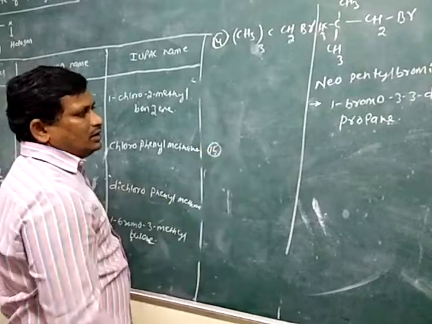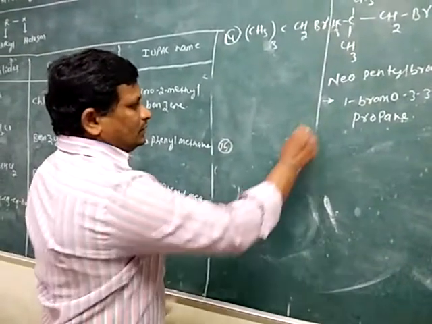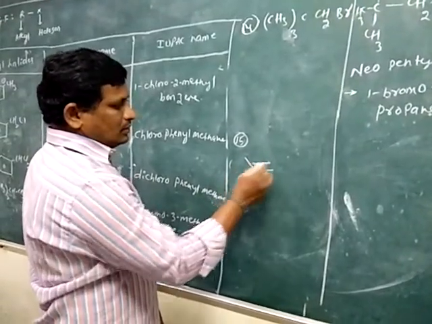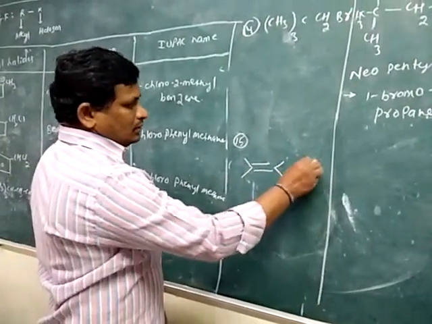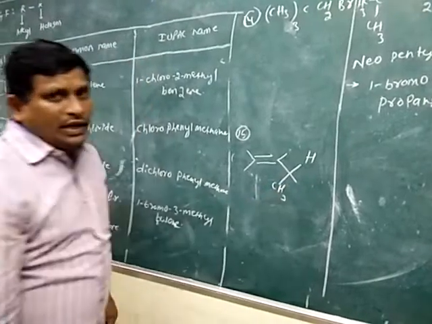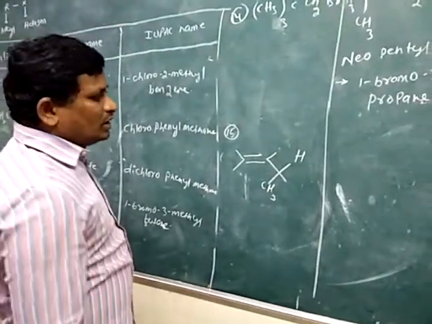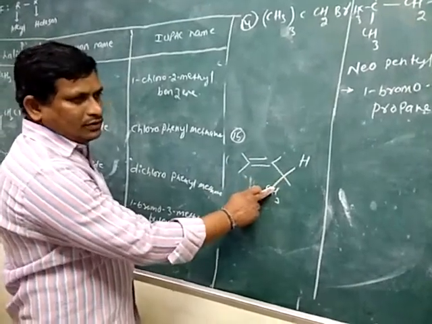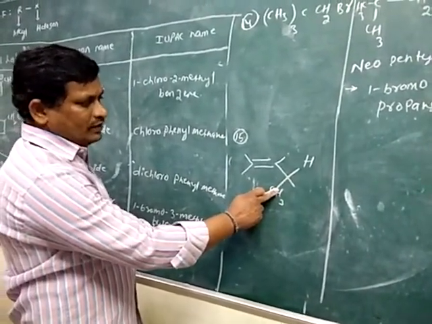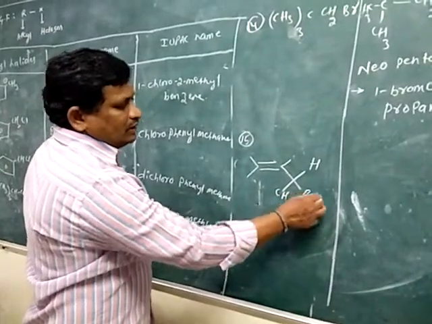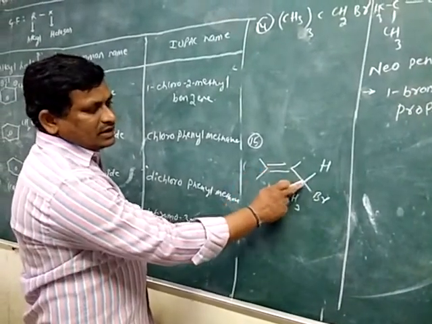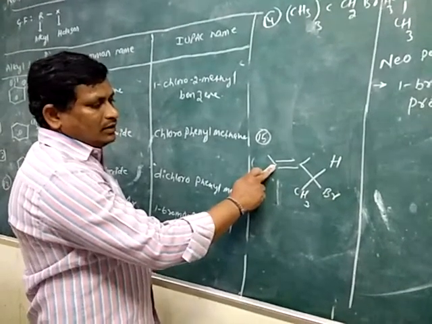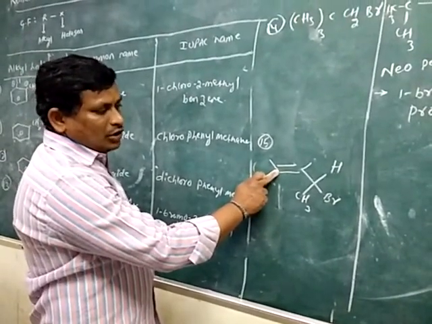For example, let us consider this bond line representation. In this bond line representation, the number of carbons is 1, 2, 3 and 4. So the long chain is butene. The third carbon has bromine and the first carbon has the double bond, alkene.